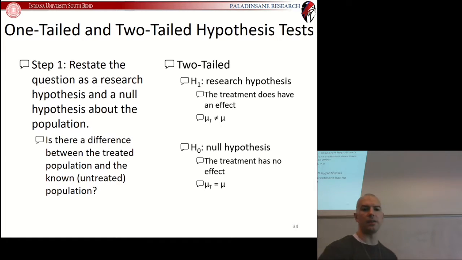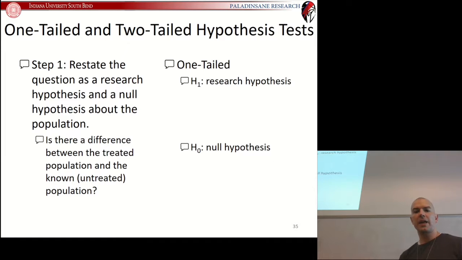What about the one-tailed? So let's say that the research hypothesis is that the treatment causes an increase. So this is going to be one-tailed increase. All right, treatment causes an increase. That's your research hypothesis. Again, notice one-tailed, directional. Treatment is going in one direction.